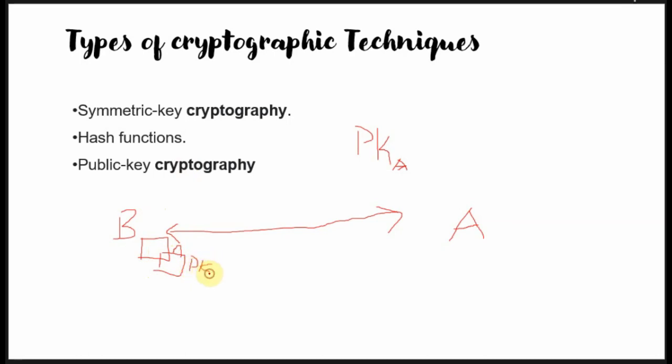Once this is done, you would notice that Bob is not actually using any key of his own. He's just using the key of the receiver. Then the file goes through the channel, and it's an encrypted one, the zigzag. Once this zigzag file comes here, what will Alice do?